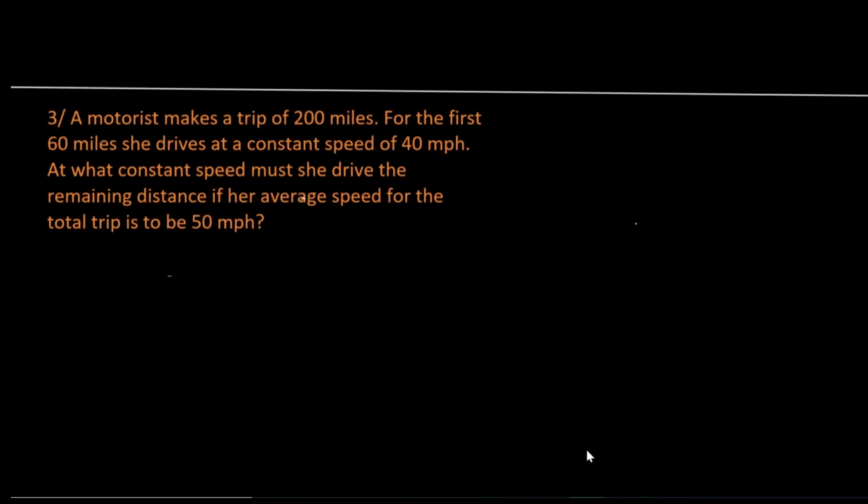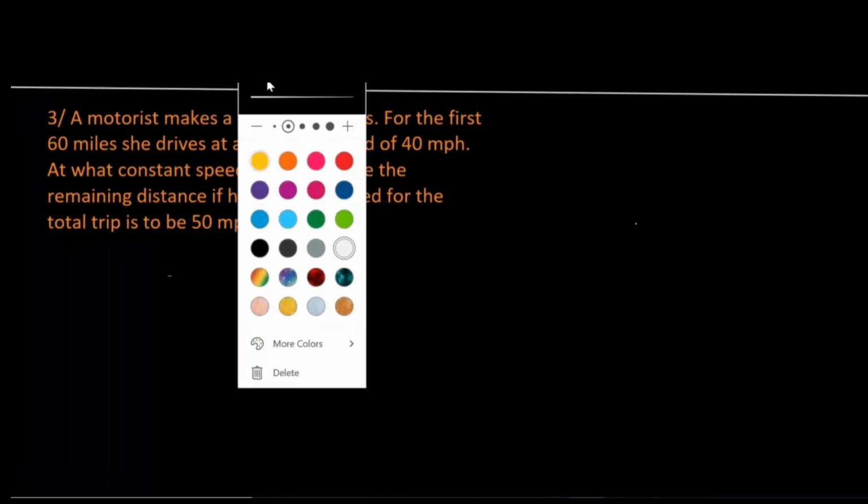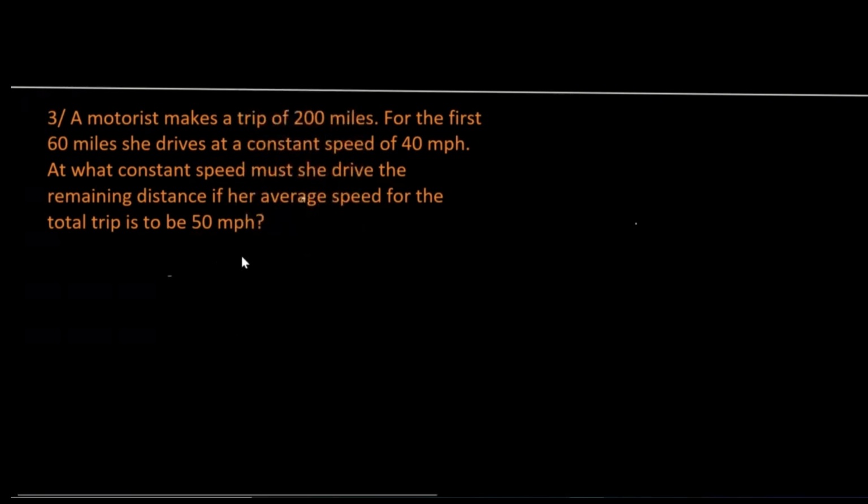So I will handle this problem by sketching a little diagram here, okay. I must understand that there are 2 trips in here. The first trip is this, and then the remaining trip is this one. So the total is 200, but the first is going to be 60 miles.